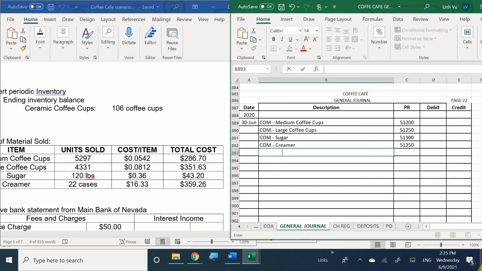Nothing there in operating expense because this is already an expense. Yes, yes. Wouldn't be sales, would it? No, because I already sold the cups.